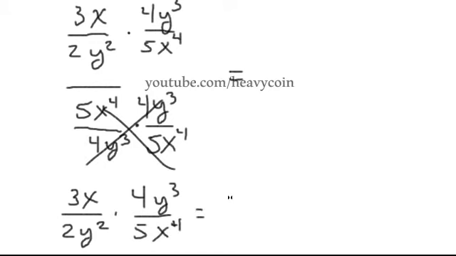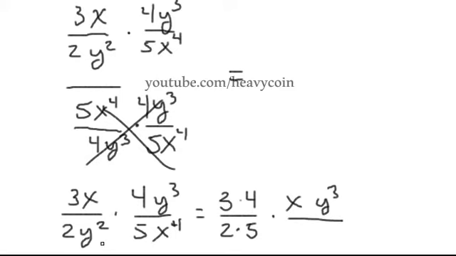I'm going to take this 3 times 4, and this is something else we're not going to do every time, but I'll do it this time. This is x times y cubed, grouping our integers together there. And we have y squared times x to the 4th.